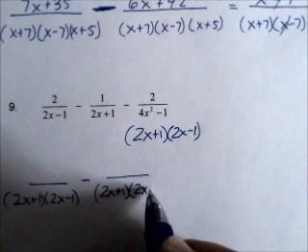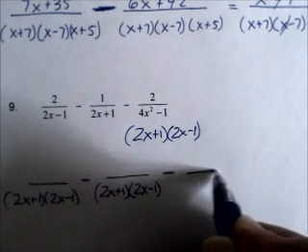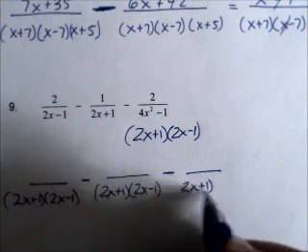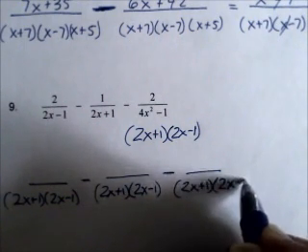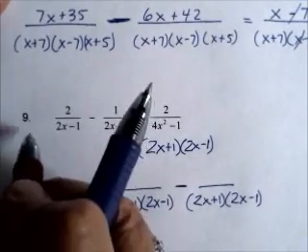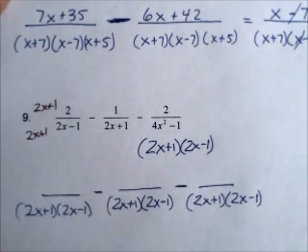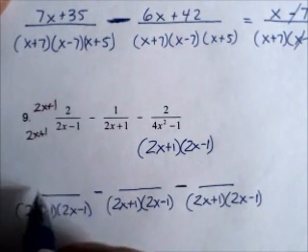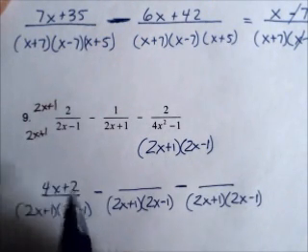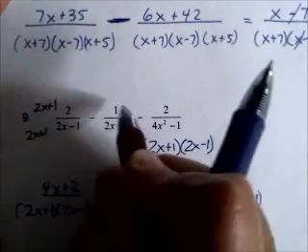So taking each of the three fractions and writing equivalent fractions. For our first one, we need to multiply by 2x plus 1. So 2 times 2x plus 1, 4x plus 2. Next one, we need 2x minus 1.